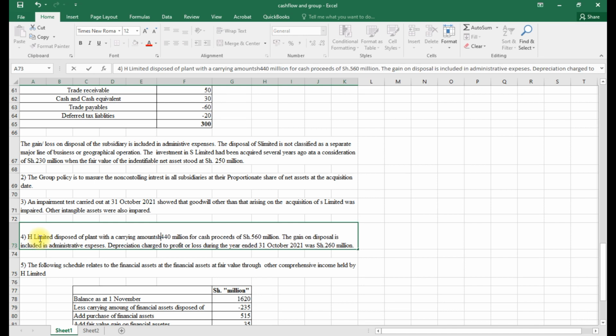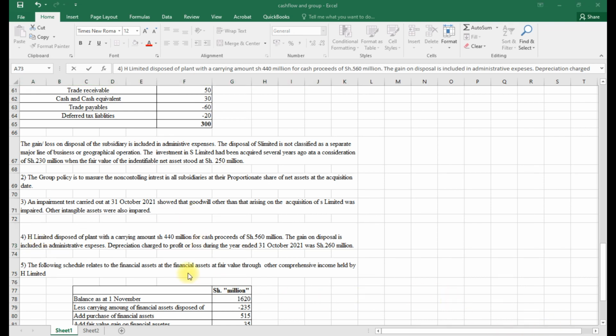Yes, so it was shillings 440 million, that was a typo where the figure was omitted. So 440 was now disposed at 560. We shall deal with that later.